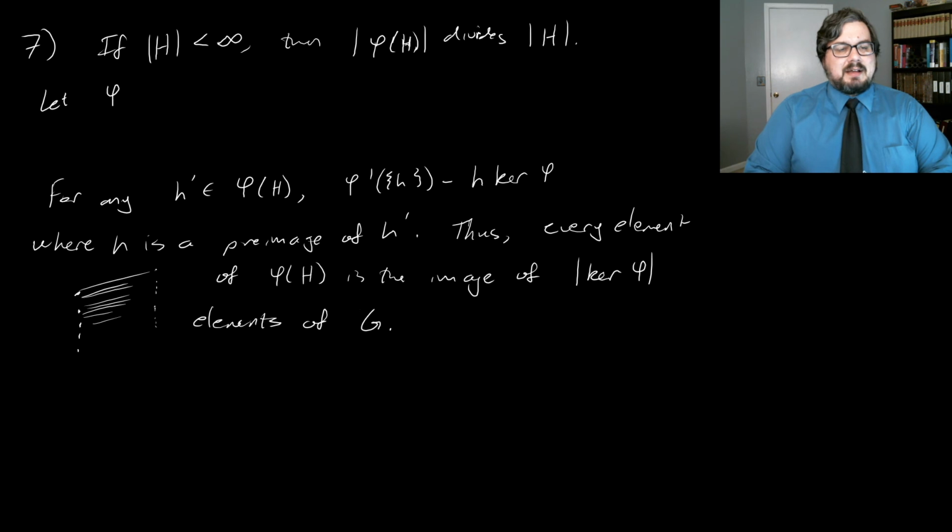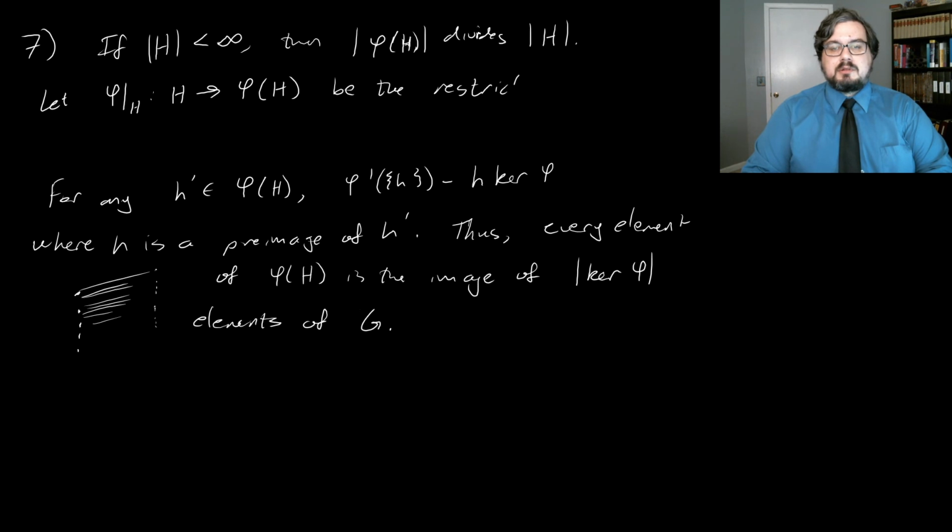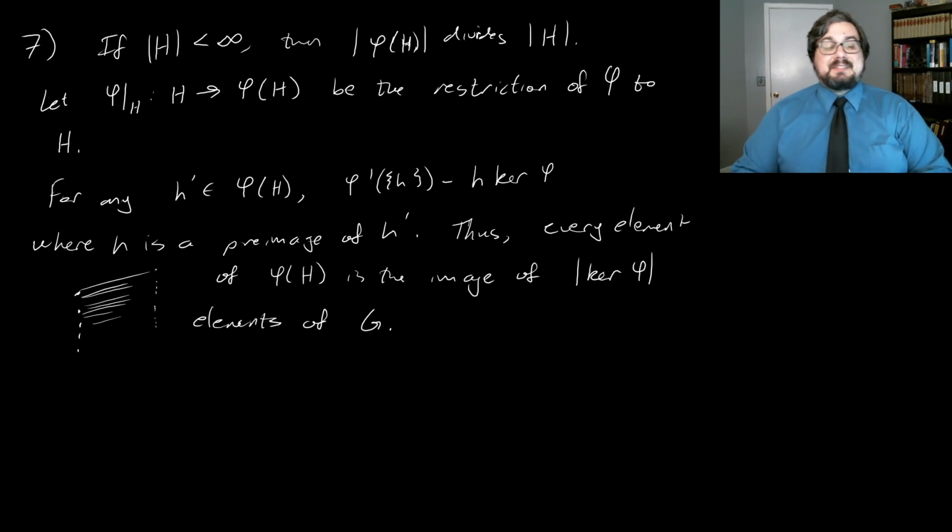Let's let phi restricted to H, from H to phi of H, be the restriction of phi to H. So this is the function phi, which takes an element of H and maps it to one of the elements of phi of H. Now, it turns out that if you restrict a group homomorphism to a subgroup, it is still a group homomorphism. That's an exercise.